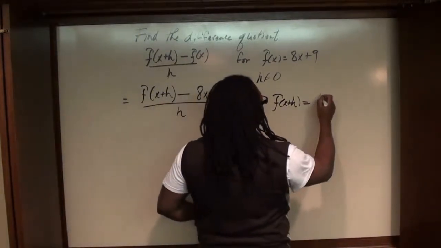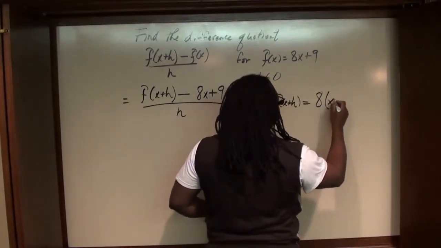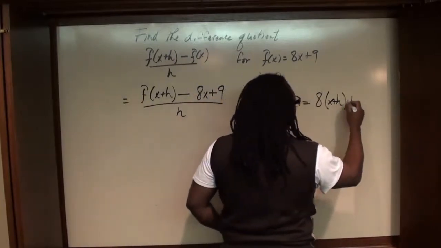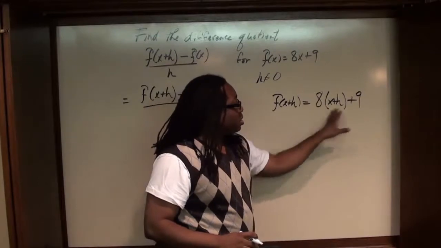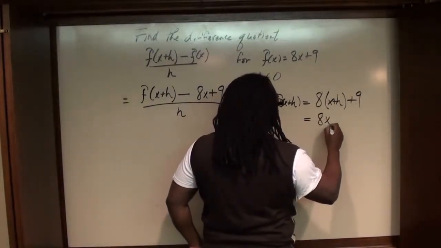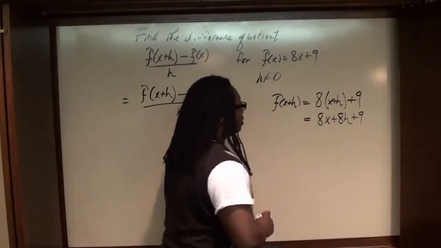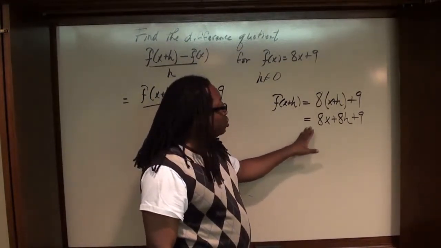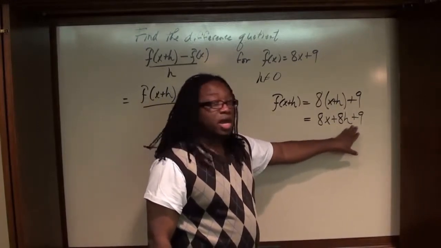So this becomes 8 times x plus h, because we just substitute this value in for that, plus 9. Now that we have that, let's multiply this through. So this becomes 8x plus 8h plus 9. So f of x plus h is equal to 8x plus 8h plus 9.